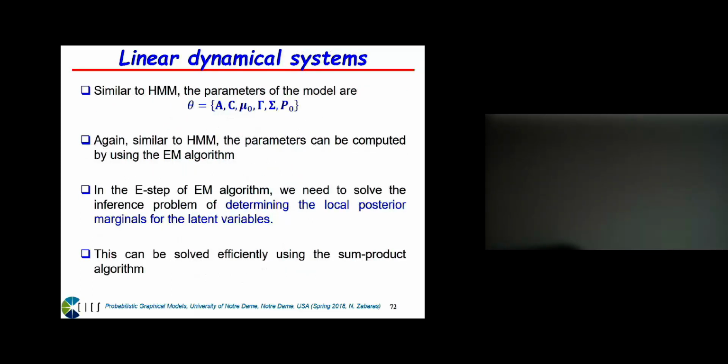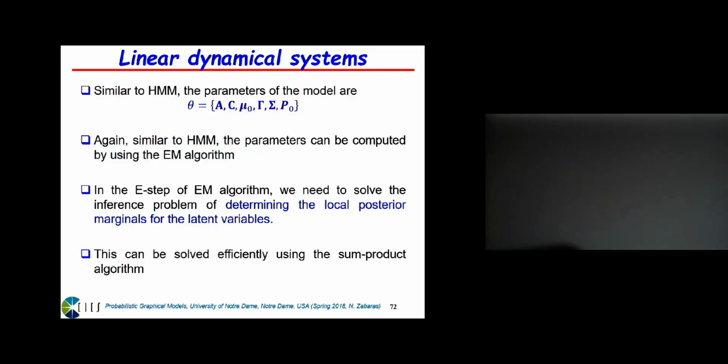So lots of parameters, right? From the dynamics we have A and gamma. From the observation we have C and sigma, and from the initial model we have mu0 and P0. So if you want to complete the problem and do expectation maximization, you need to calculate all these parameters from observations.